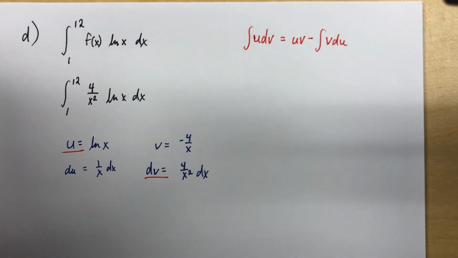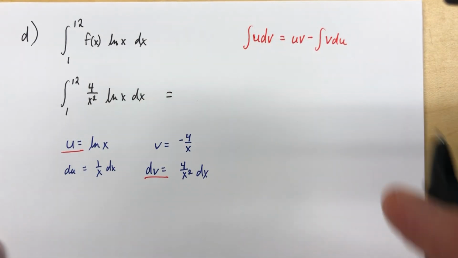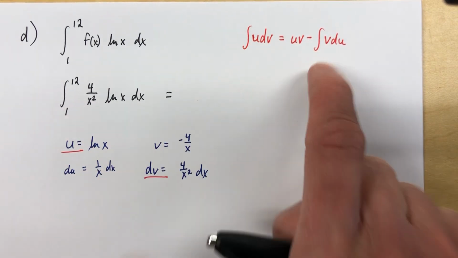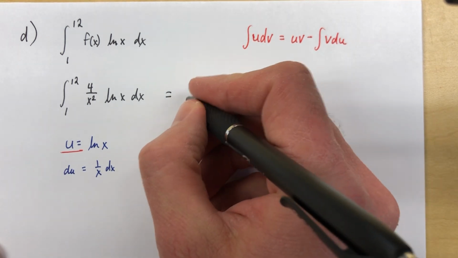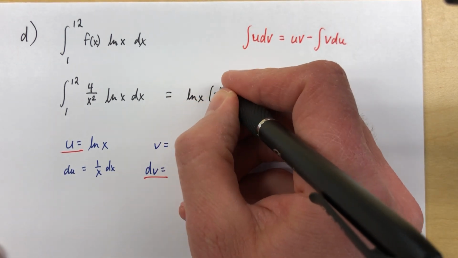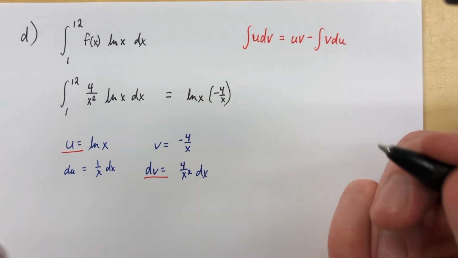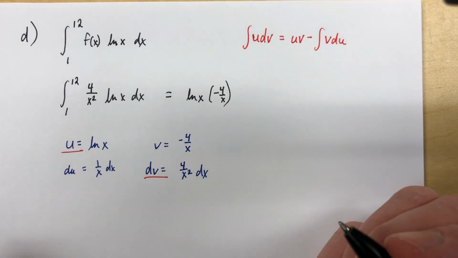So I'm going to switch back to this color right here. And we are going to continue to fill in this. This is going to correspond to that formula. So uv. So natural log of x times negative 4 over x. Usually those are written in a different order. And then on the next step, I might put that one in the front. But the thing is this.